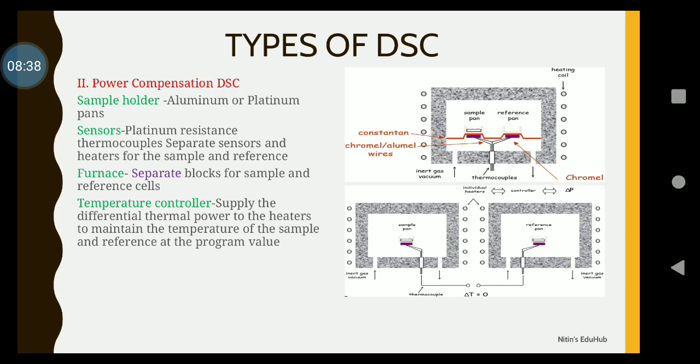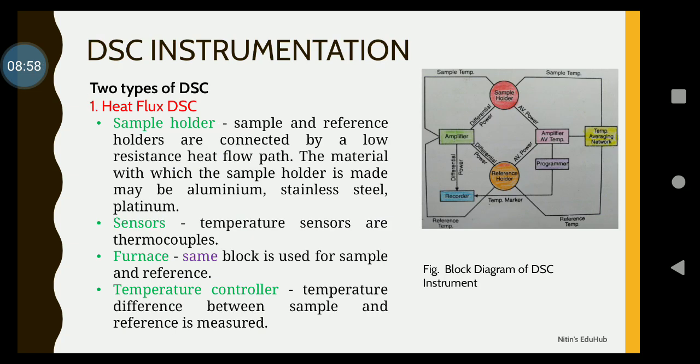But in the figure given below, you can clearly see that there is a separate furnace for the sample pan as well as the reference pan, with two different thermocouples attached, and individual heaters attached to the different furnaces. The temperature controller, in case of heat flux DSC, measures the temperature difference between the sample and reference.